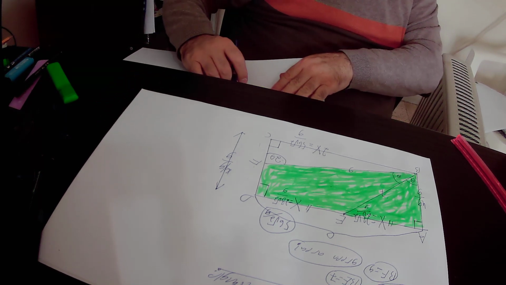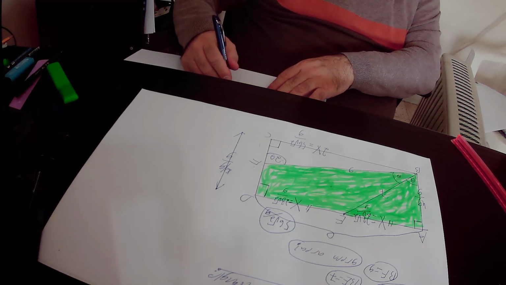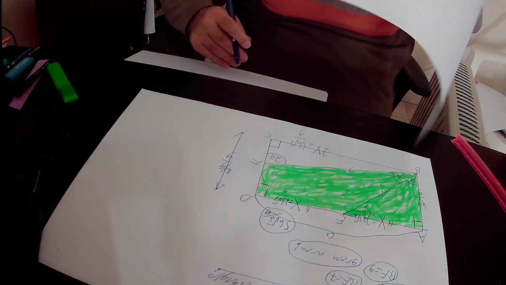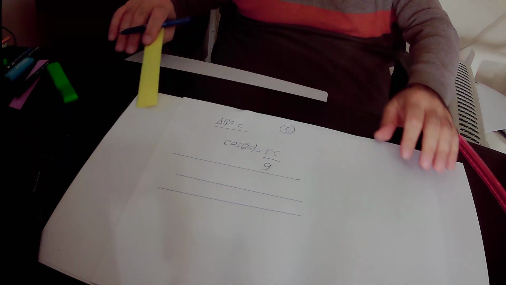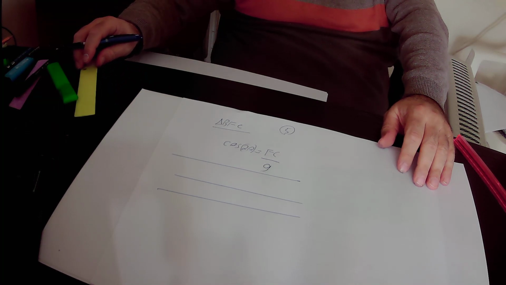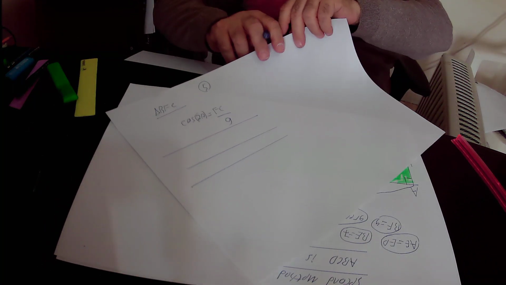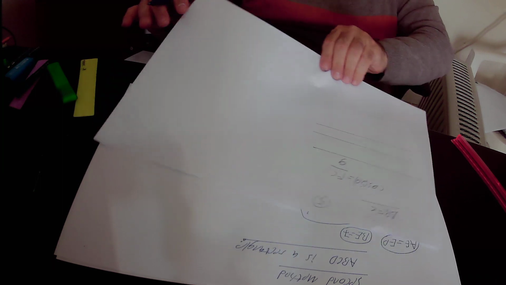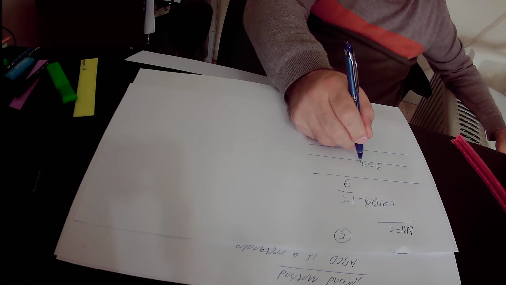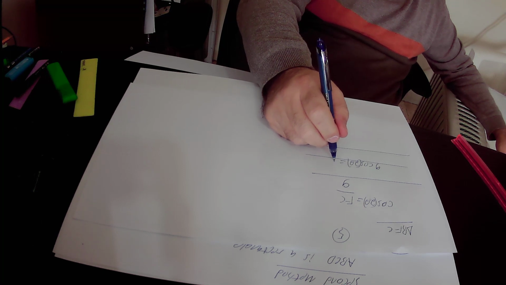Okay, so I'll repeat again. In the right triangle BFC, cosine 2 theta equals FC over 9. We will multiply this equation by 9 and we will get that 9 times cosine 2 theta equals FC.